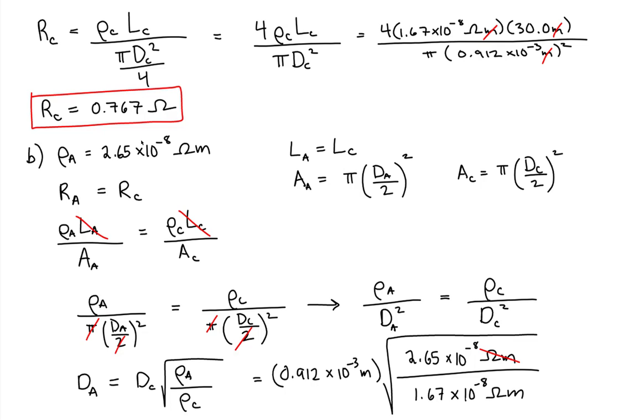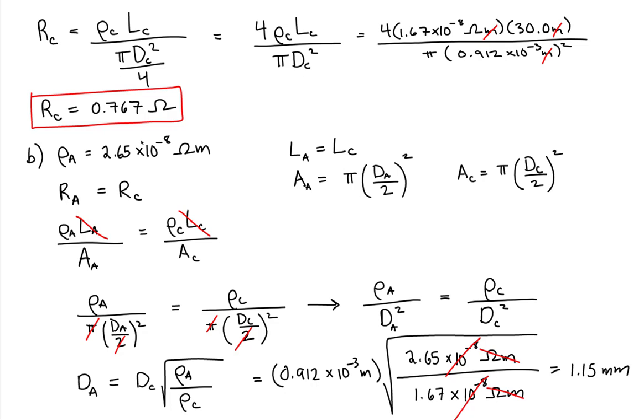The ohm meters cancel, leaving us with units of the meter, which is what we're going for. So since the units check, and we could do some more simplification here, the 10 to the minus 8 in the numerator cancels with the 10 to the minus 8 in the denominator. When I plug this into my calculator, I get that the diameter of the aluminum wire is equal to 1.15 millimeters.